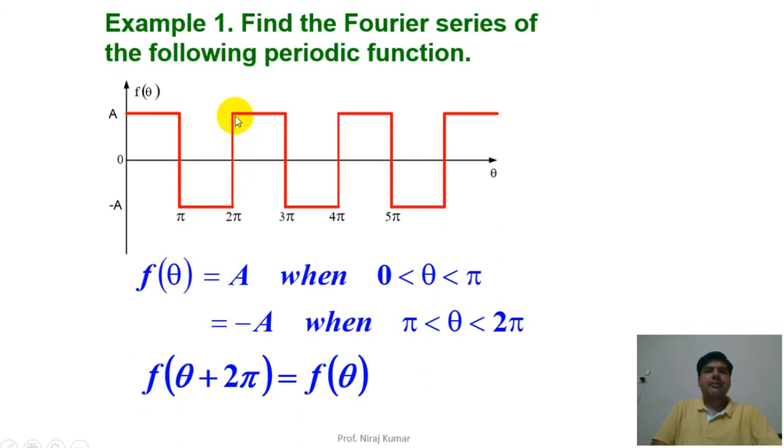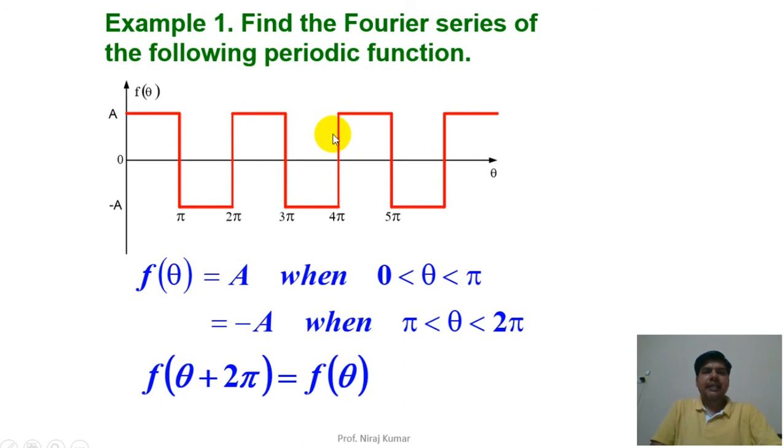Again from 2 pi to 3 pi it is a, and 3 pi to 4 pi it is minus a. So we can see that this value repeats after a 2 pi period. Again after 2 pi the value is repeating.